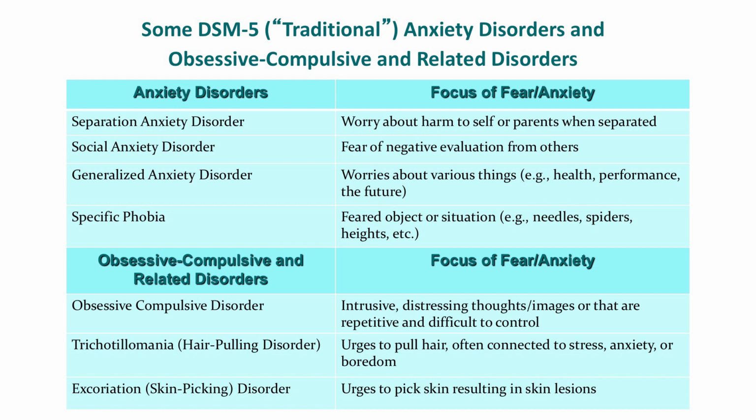So you can read through them, but separation anxiety, worry about separating from parents, generalized anxiety, worries about lots of different things, worrying about their own health, their performance, natural disasters, stuff like that. Down in the obsessive compulsive and related disorders, OCD is one that most people have heard about. Trichotillomania is hair pulling, and excoriation disorder is skin picking.